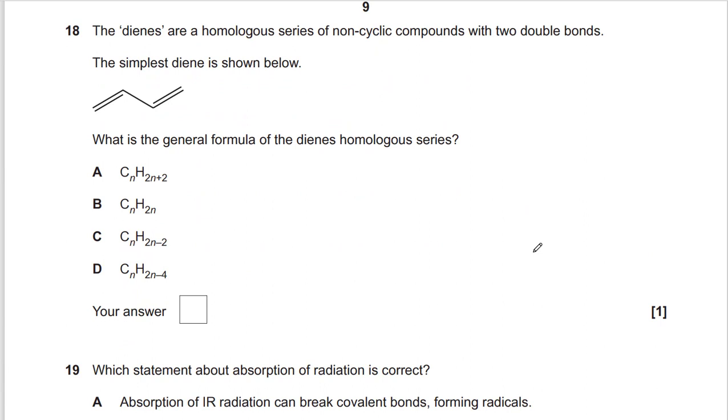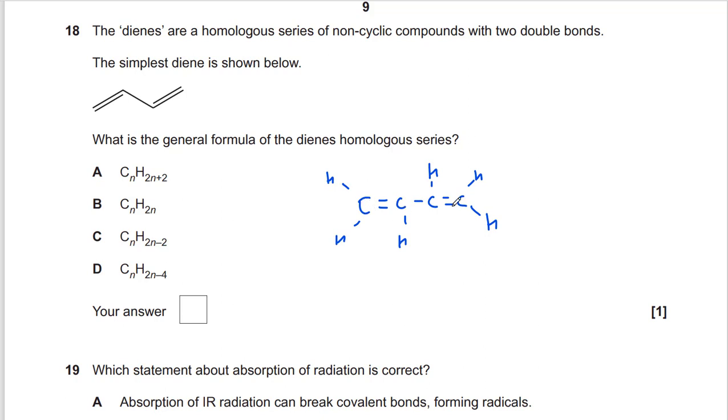Number 18 then, so dienes. It's a different homologous series that you aren't familiar with, but they've shown you the simplest diene, and all you have to do is come up with the general formula of the homologous series. So the best thing to do in my opinion here is draw it out, because if you don't, you might miss something. So that's what it looks like in terms of the carbon structure, and then you've got to put in your hydrogens.